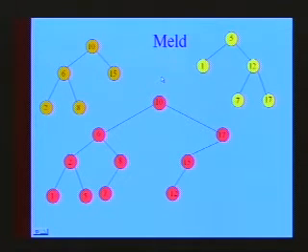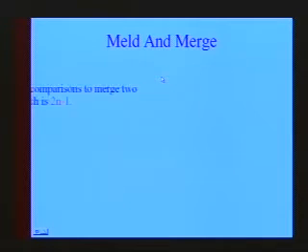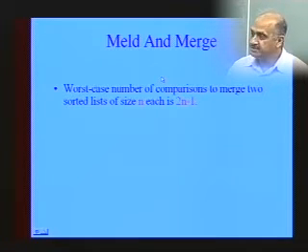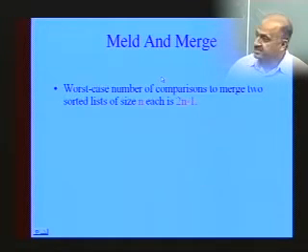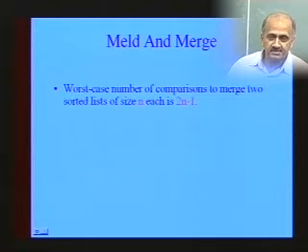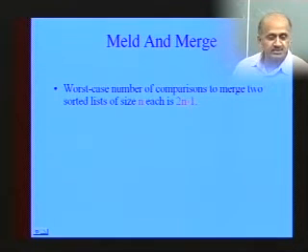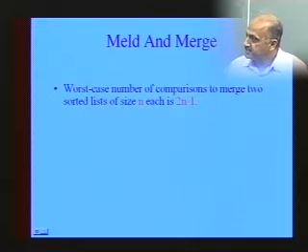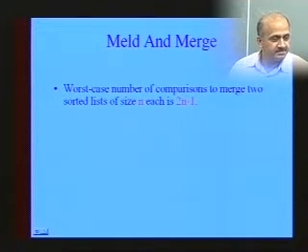I'll go into the details of that in a moment, but there is a known result for merging that says that if you have two lists, say each having n elements, then there's no way to merge these two lists performing fewer than 2n minus 1 comparisons in the worst case. So to perform the merge in the worst case, you have to have 2n minus 1 compares.